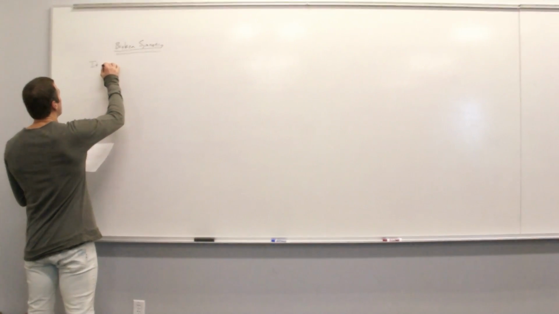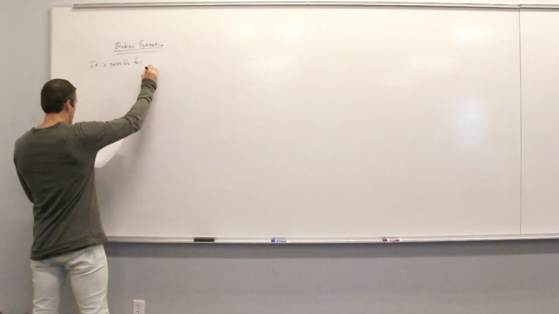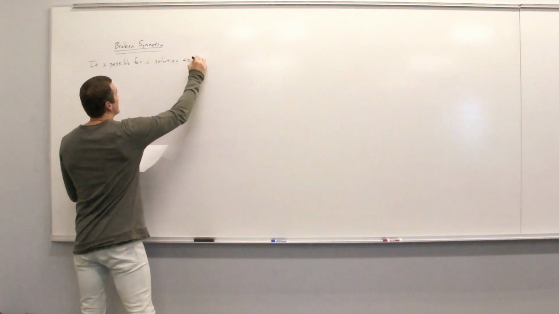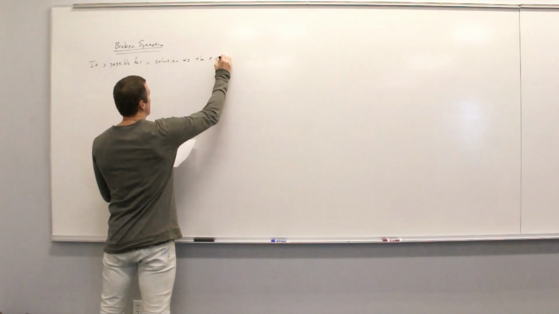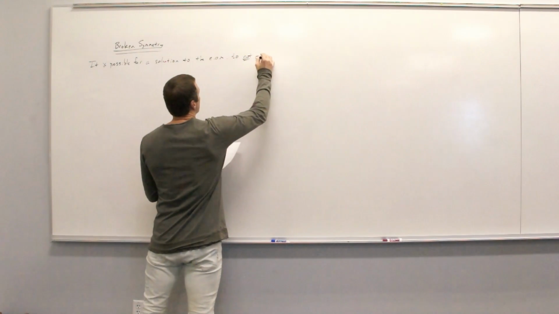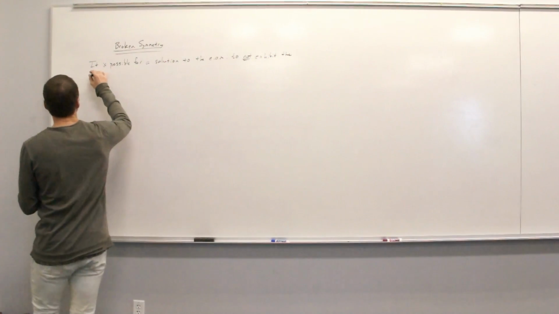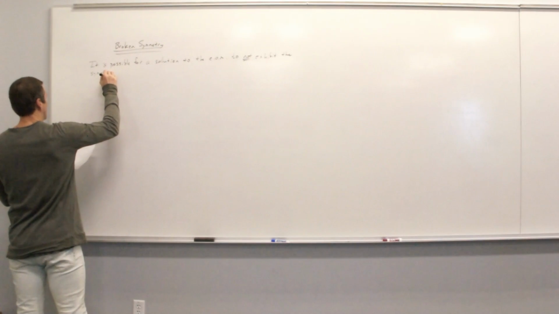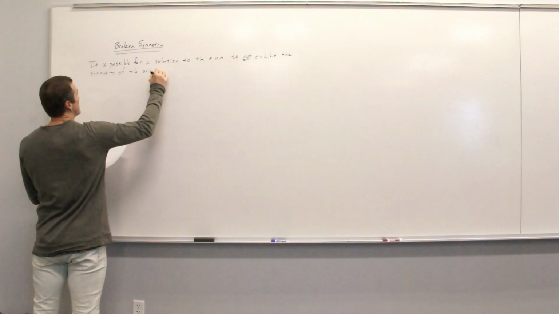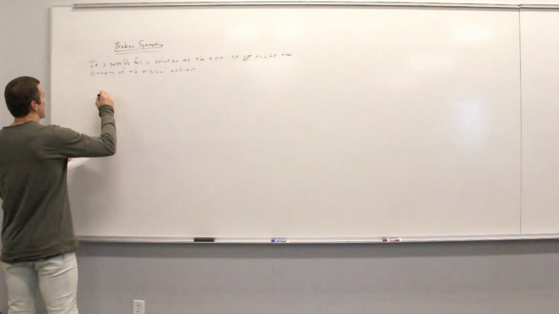So it is possible for a solution to the equations of motion to not exhibit the symmetry of the original action. So let me give you a simple example of this.